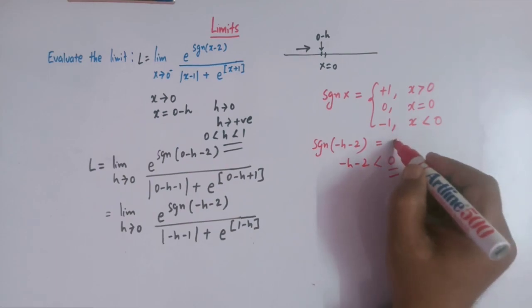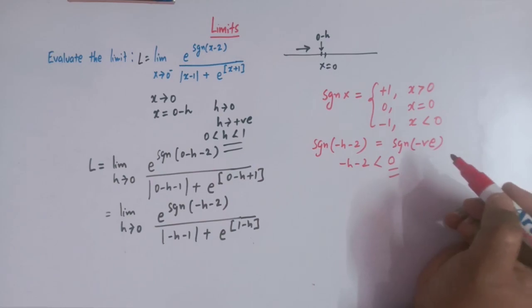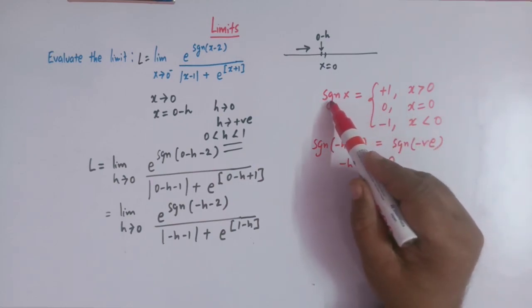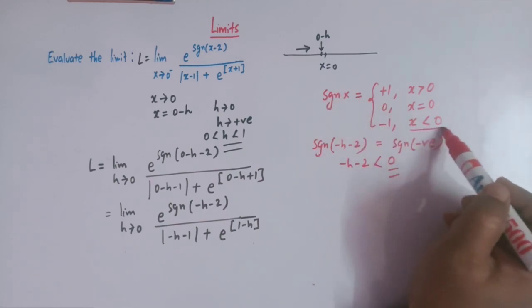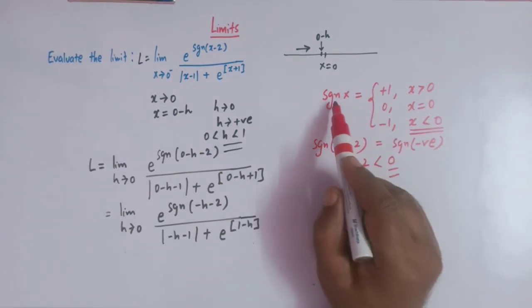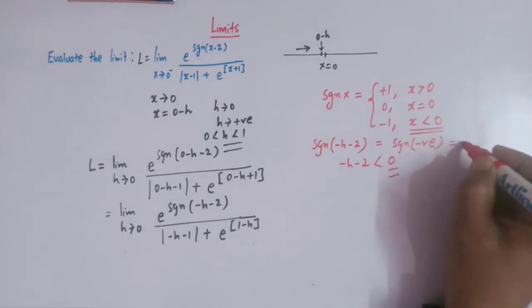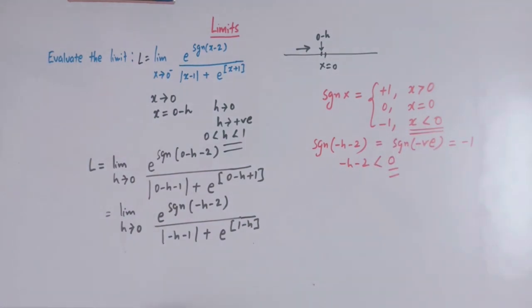It means we have signum of some negative quantity, and from this definition, whenever x is negative, signum of x takes the value -1. Now we have e raised to greatest integer of 1 minus h.